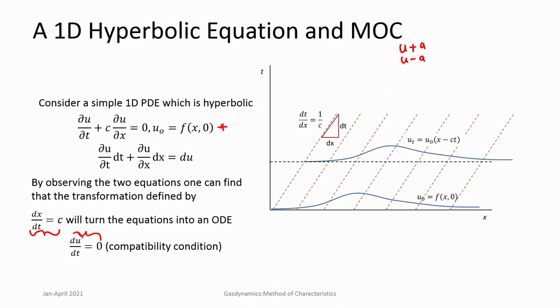So, now this particular partial differential equation with the initial condition gets transformed into 2 ordinary differential equations, and it is easy to solve ordinary differential equations. And in this case, it is quite simple. You just find that u is constant along the lines x minus c t. So, the solution just propagates along those particular lines.